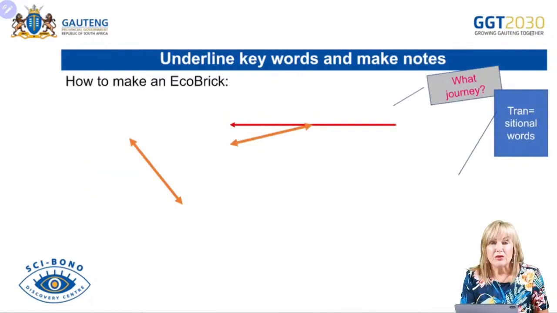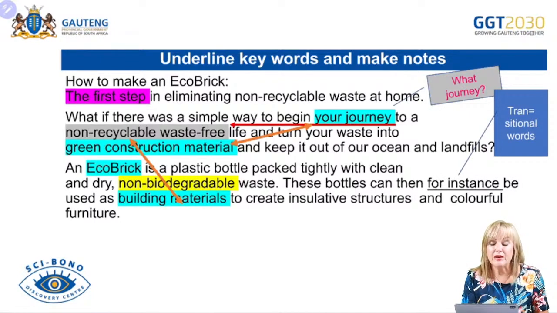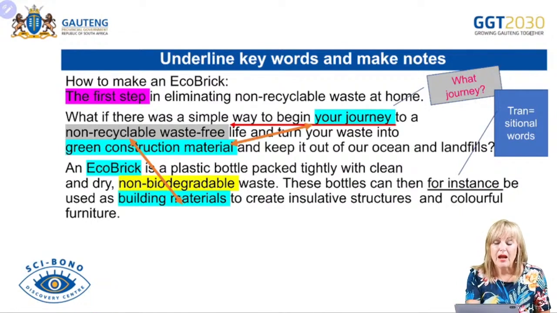Let's have an example of how to underline keywords and make notes. The first step in eliminating non-recyclable waste at home. That's my sentence. So now I must know, what does this mean? What if there was a simple way to begin your journey? You can see journey. What is this journey?